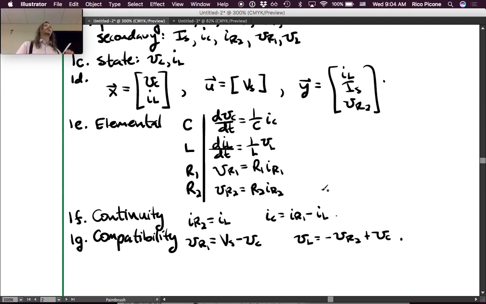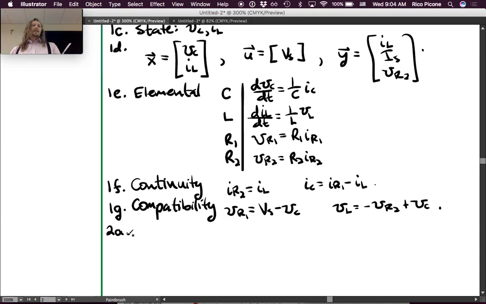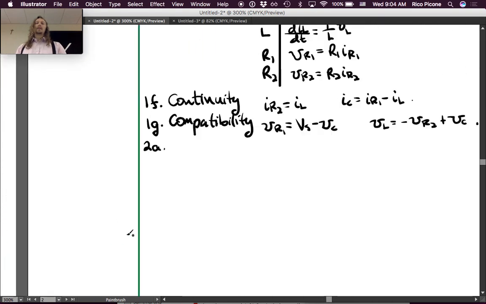So I did end up in the second section, started labeling these with the numbers corresponding to the steps that were given. So my apologies, slightly different than your notes. So this 2a was to eliminate all secondary variables by substitution into the elemental equations of the continuity and compatibility equations.